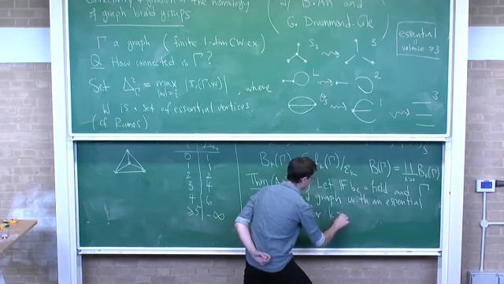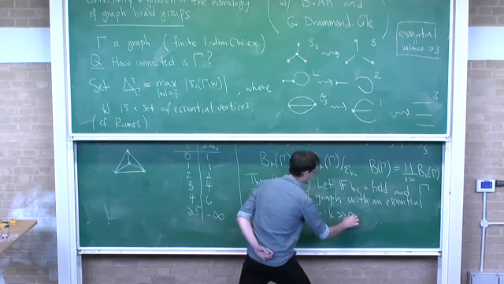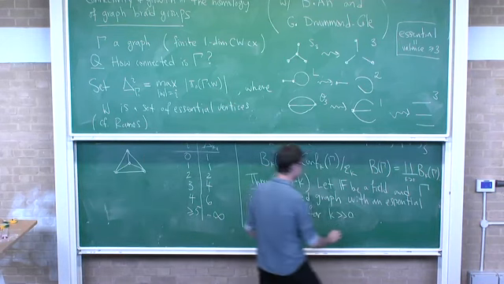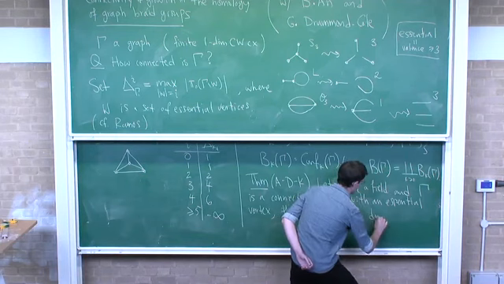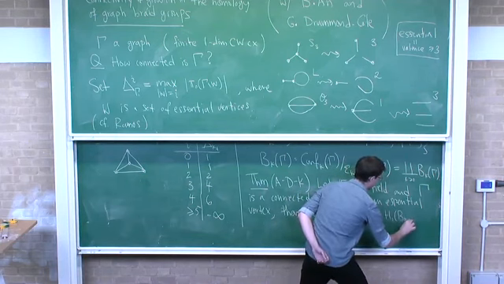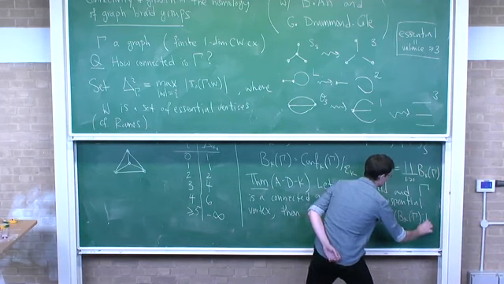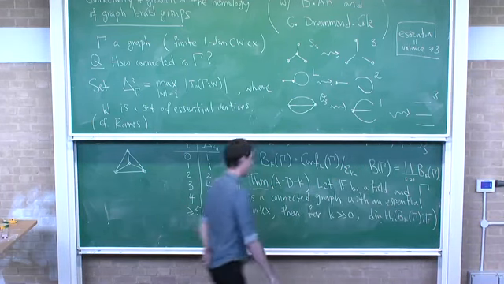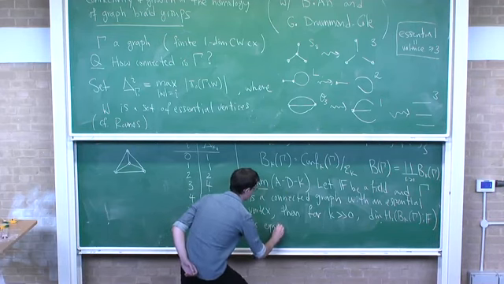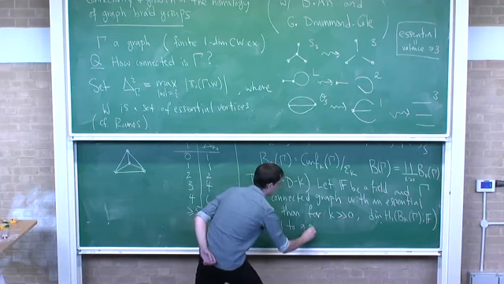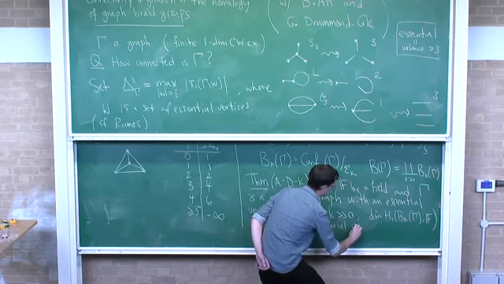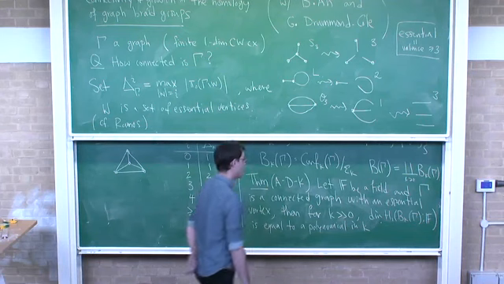So, for large numbers of points in the graph, the ith Betti number of the k configuration space is computed by a polynomial in the number of points.